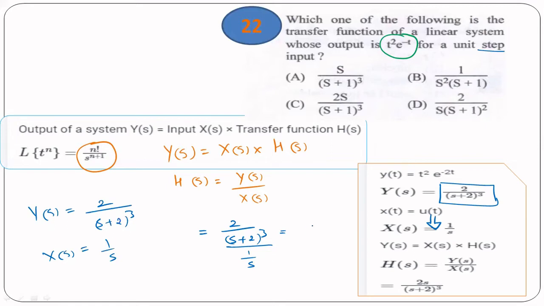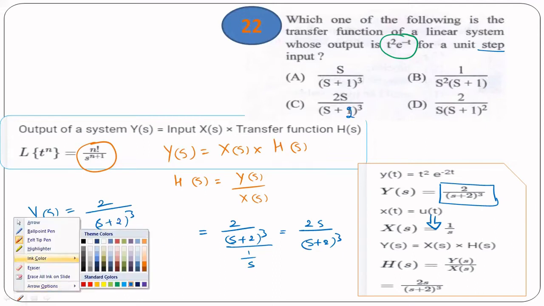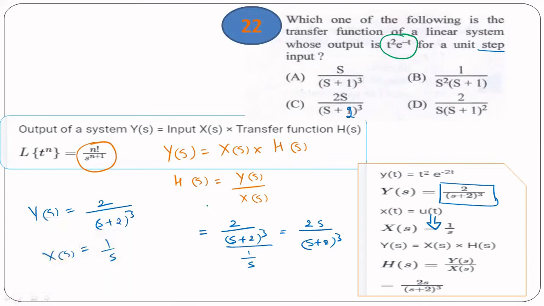So the complete solution becomes 2s divided by s plus 2 to the power 3. You can go through the complete answer key available at the KEA website. So the answer for this question is option C, which is 2s divided by s plus 2 to the power 3.